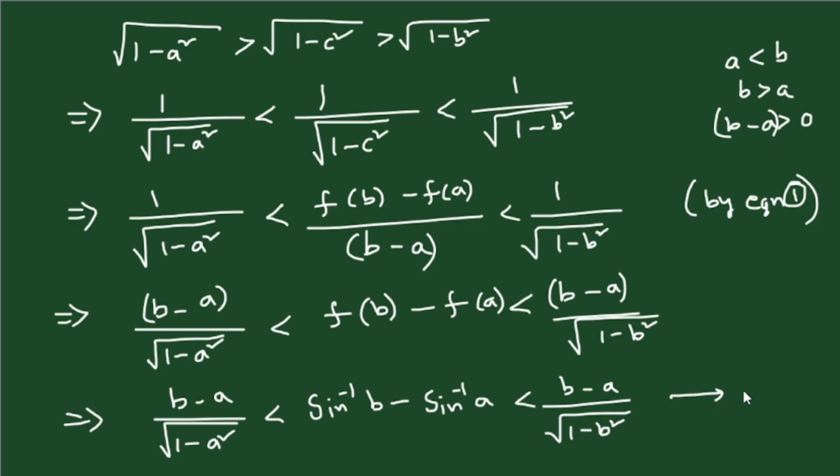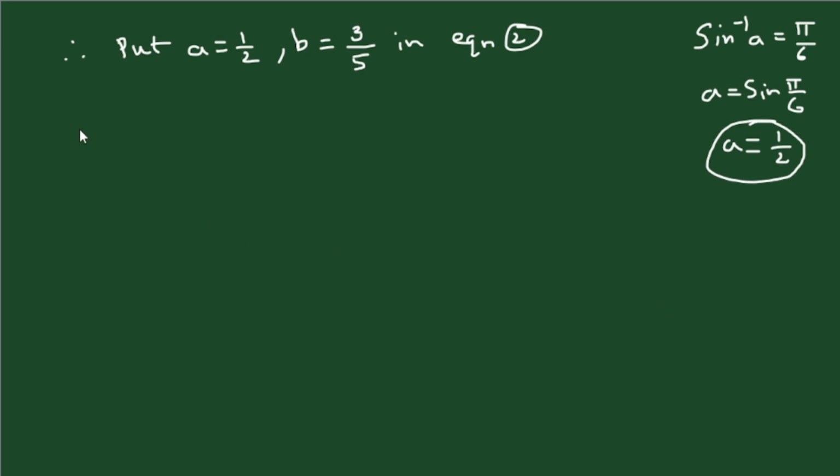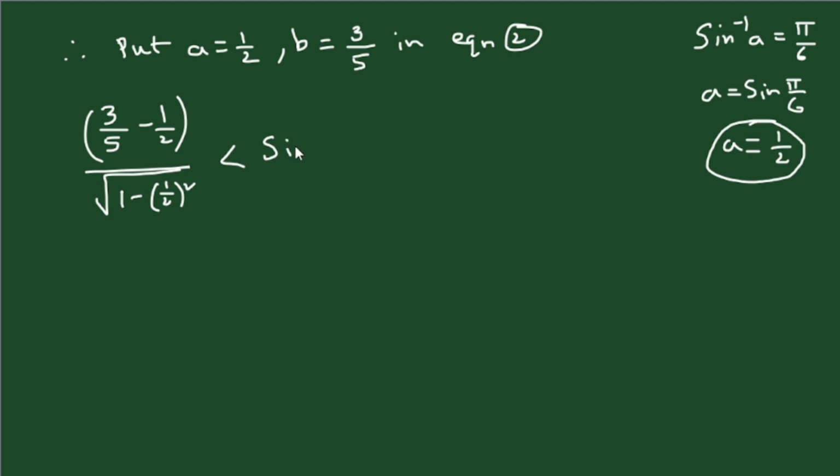This one, you name it as equation 2. Then what will happen? It is (b minus a) is 3 by 5 minus 1 by 2, by square root of 1 minus a square, a square is 1 by 2 whole square, less than sin inverse b minus sin inverse a.